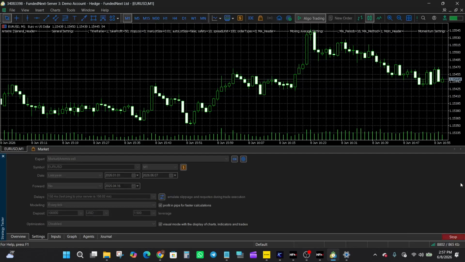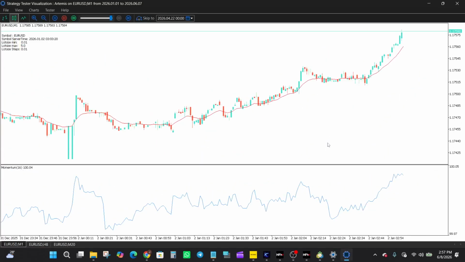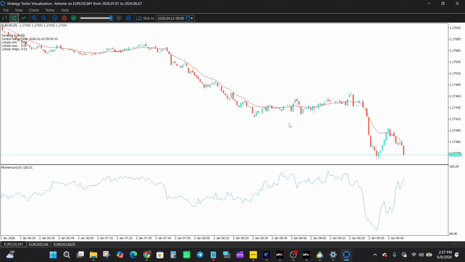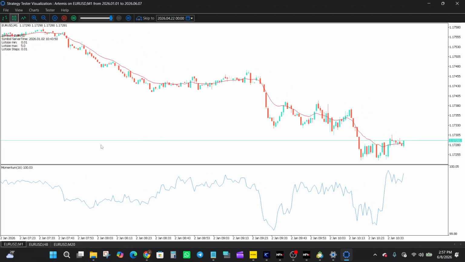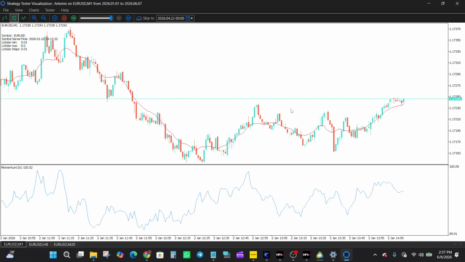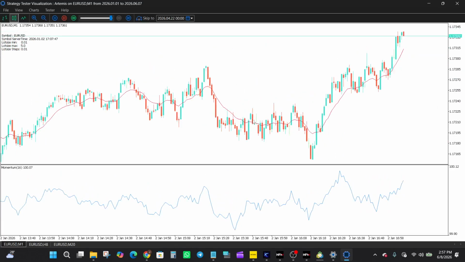All right. The kind of structure that this EA uses usually leads to more selective entries compared to a single indicator system. All right, so we can see the moving average here. We can also see momentum indicator here as the EA actively looks for opportunities in the market.